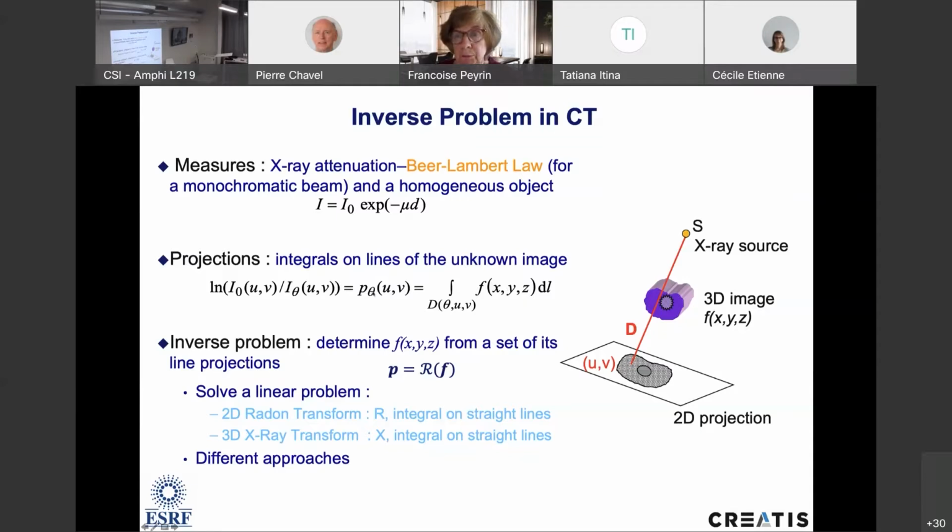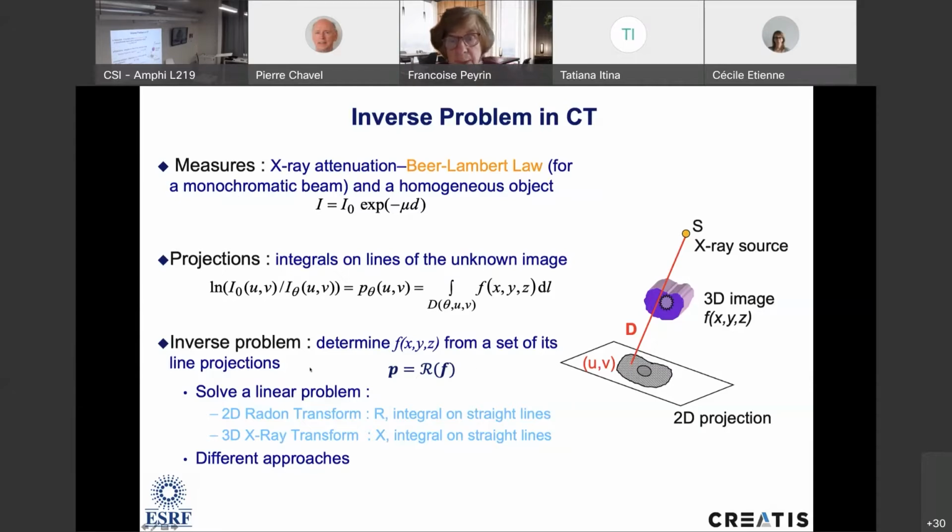So what we measure are these P with index theta for the rotation angle, on a point of the detector. So if we are in 3D, now the problem is to recover f from this measurement. So this is the inverse problem we have to solve in tomography. It's why it's called computerized tomography, because it has been possible to solve this problem only when we had computers to be able to process the data.